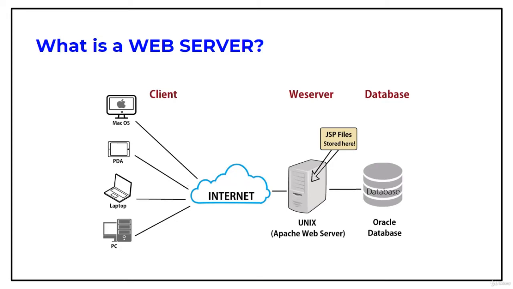Now, the browser breaks this URL into two parts: the protocol which we will use to connect to the server, that is HTTP, and the server name, that is asp.net. And then the following process happens. The browser breaks up the URL into the parts and then it tries to communicate with the server looking for the server name.